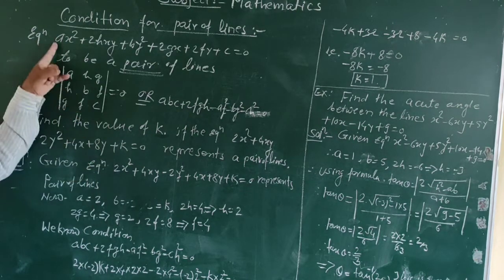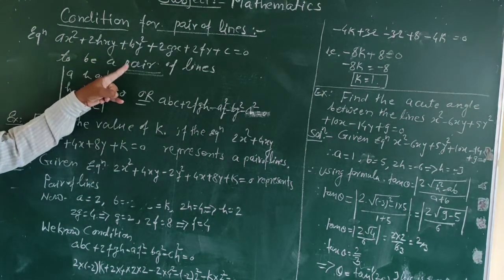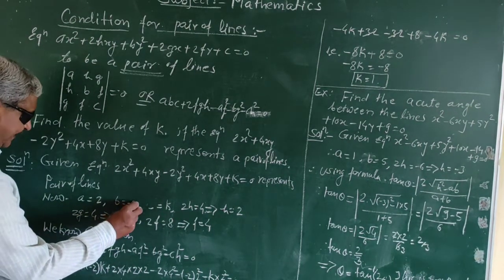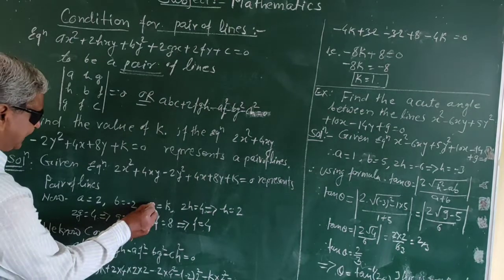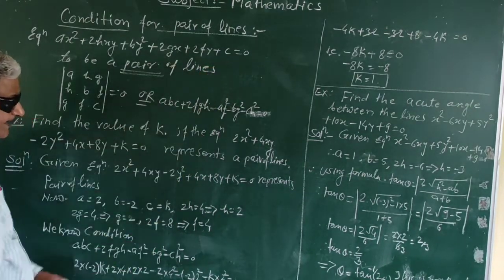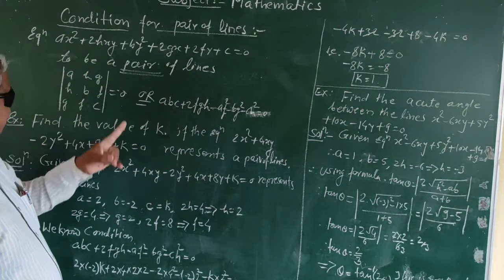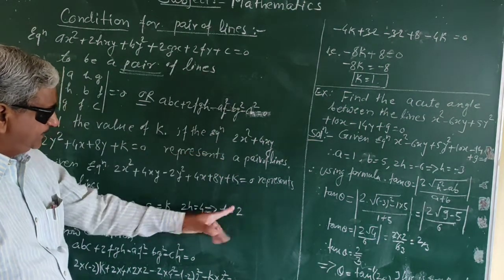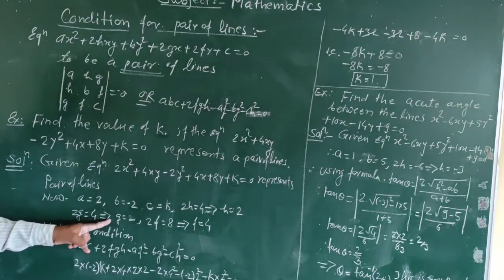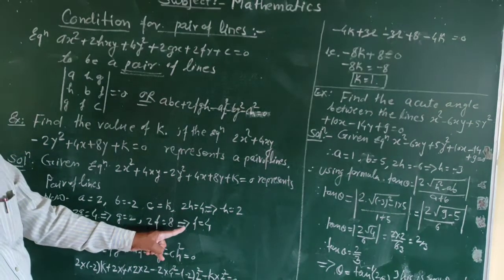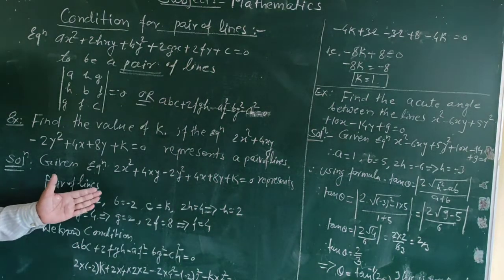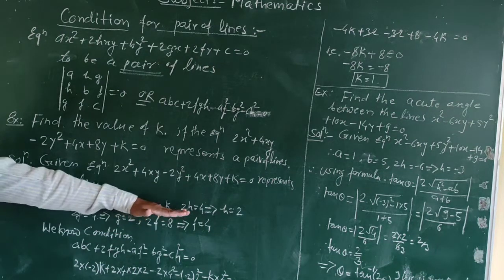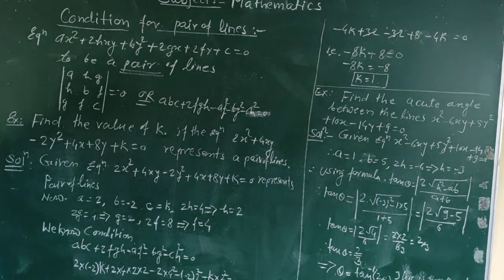So we know that a = 2, b = −2, c = k, 2h = 4, which implies h = 2. 2g = 4, this implies g = 2. 2f = 8, this implies f = 4. In this way, all the values of a, b, c and f, g, h are obtained by comparing with the general equation.